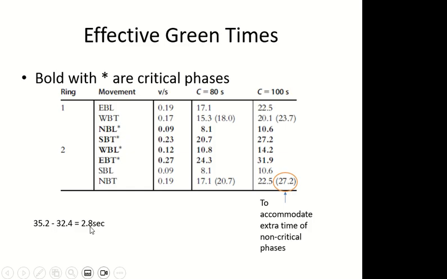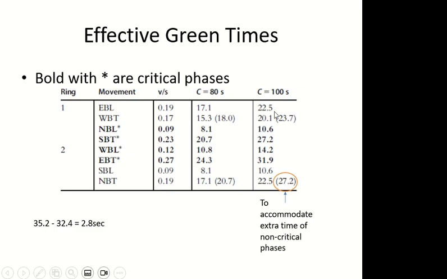So this 2.8 will be added to the through movement, westbound through. I could have added it here as well if I feel the volume is higher, but we will add it here. So this becomes 18 seconds. It was according to its own V by S ratio 15.3 seconds, but you added the difference of the parallel movement to it, and it became 18 seconds here.